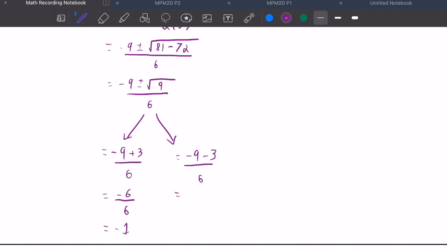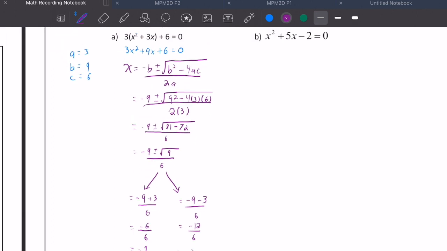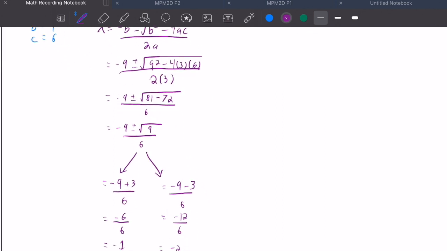On the other side, negative 9 minus 3 gives us negative 12, and negative 12 over 6 gives us negative 2. So what we now know from this is that these are our two roots. Therefore, x equals negative 1 and x equals negative 2.